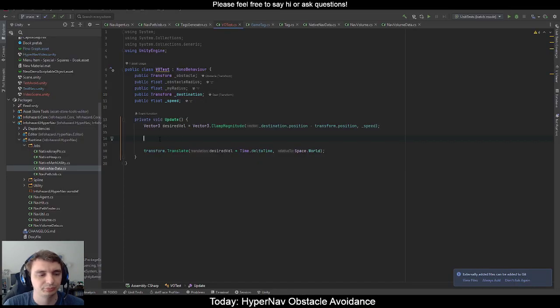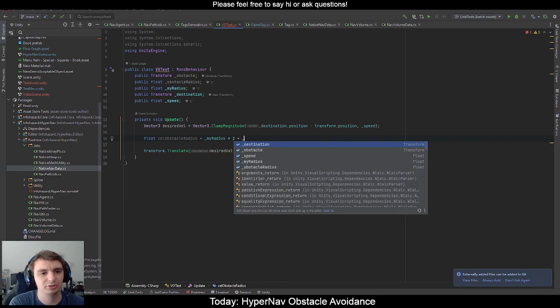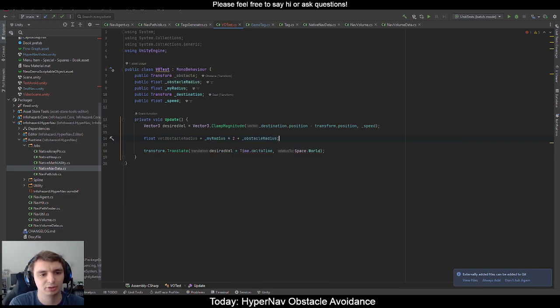So let's see, let's calculate the velocity obstacle radius equals my radius times 2 plus obstacle radius. Is that true? Because it feels weird. I think the velocity obstacle is supposed to be the same for both shapes.